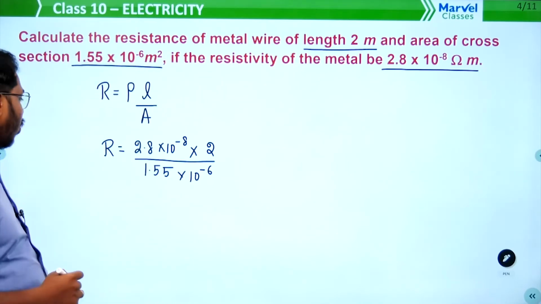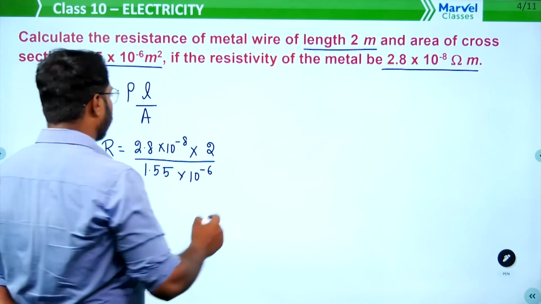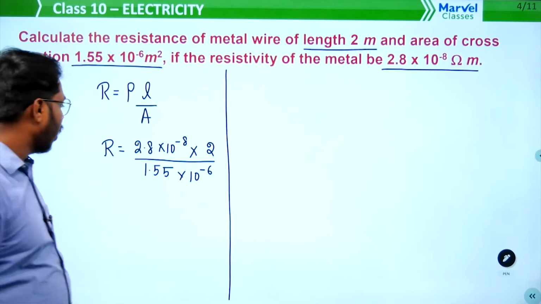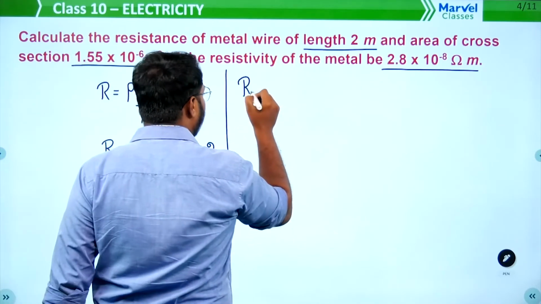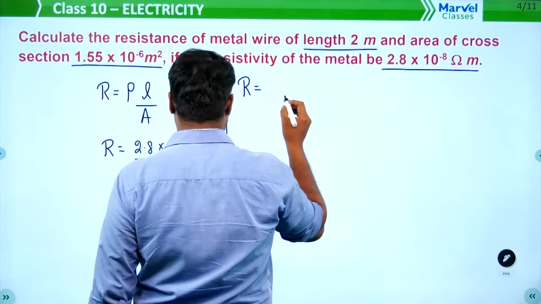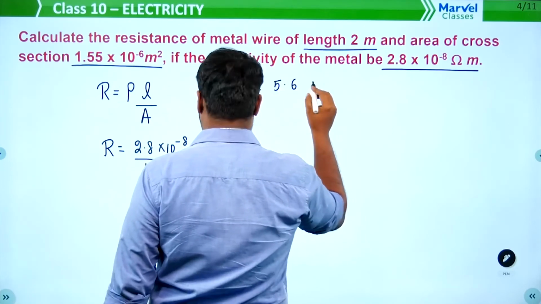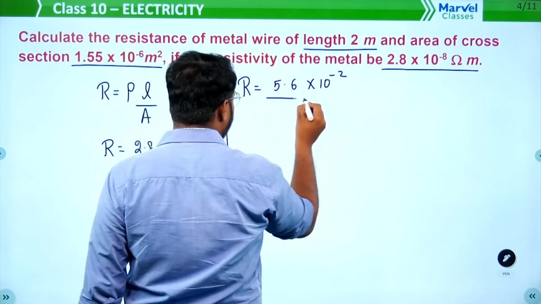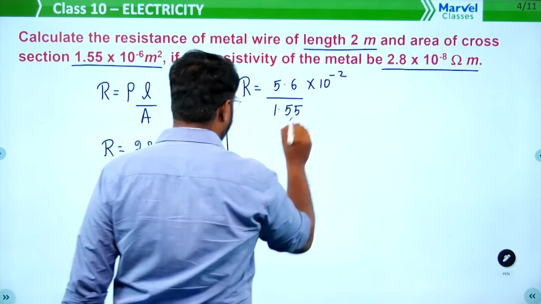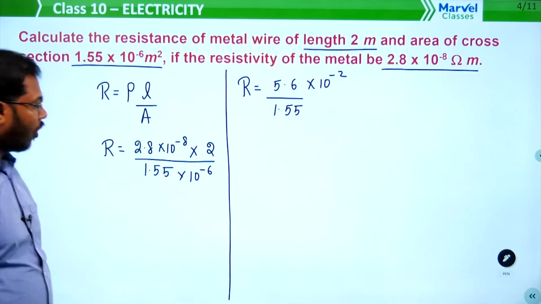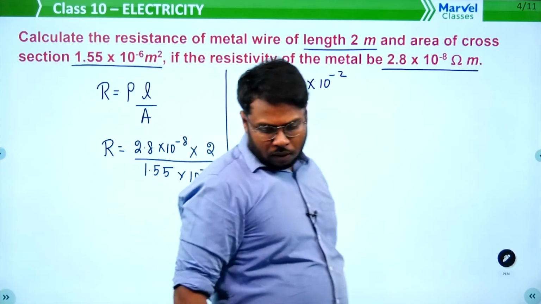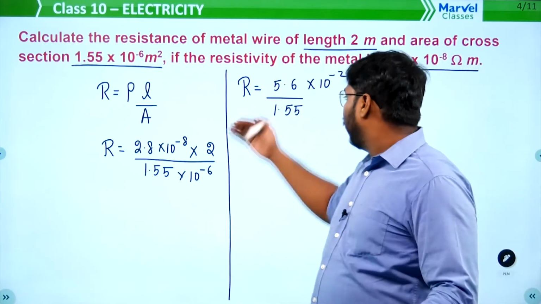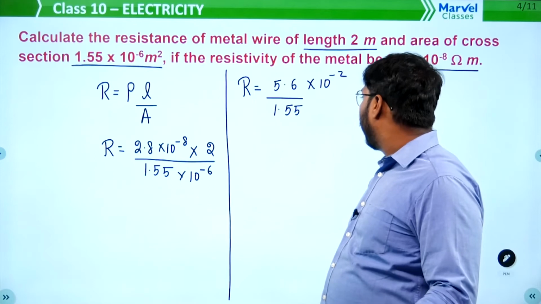So now all we have to do is general multiplication and division to get to the answer. So capital R is equal to 5.6 into 10 power minus 2 divided by 1.55. So now the answer for this question is just the division of 5.6 by 1.55.